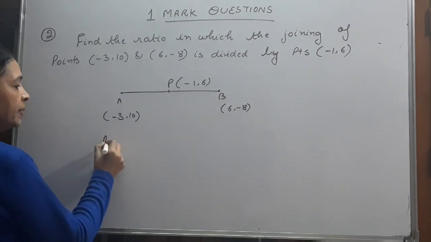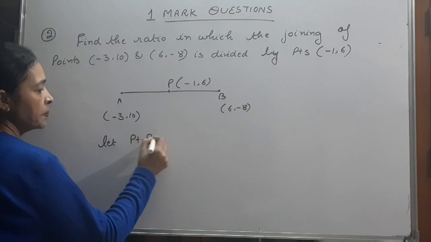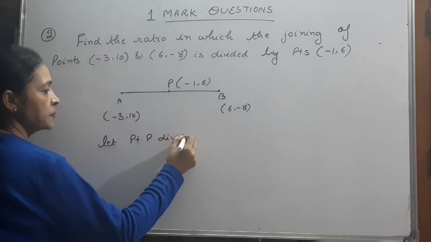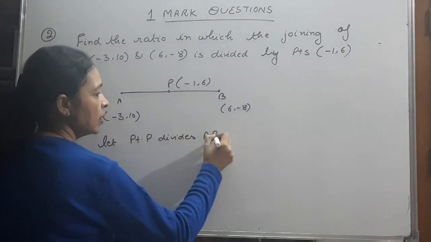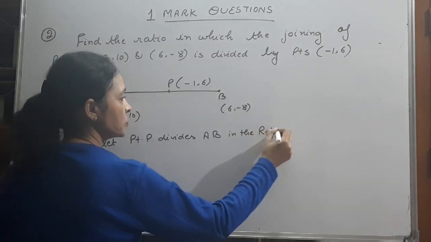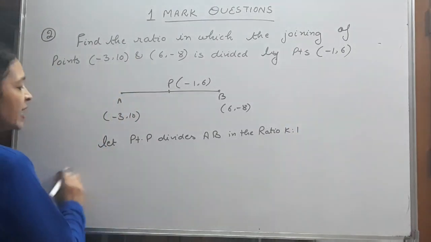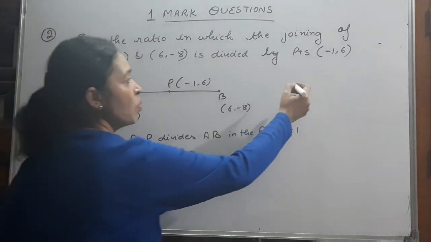Now, let point P divide AB in the ratio k ratio 1. Now, as per section formula, what is the section formula?